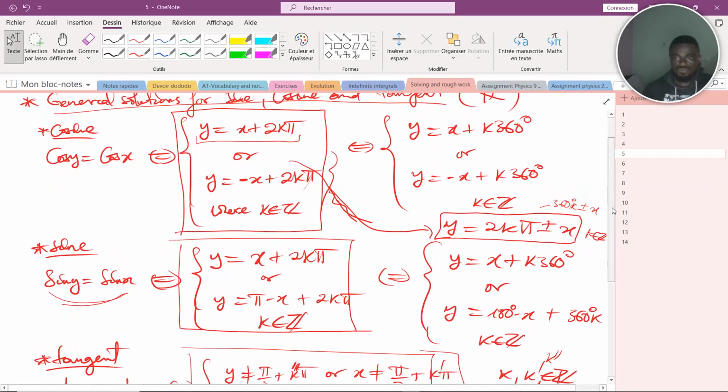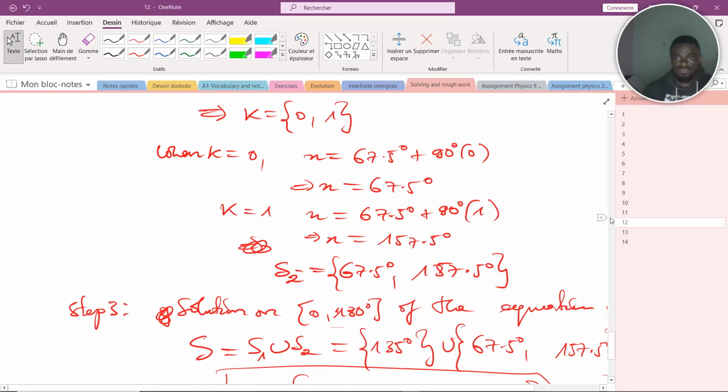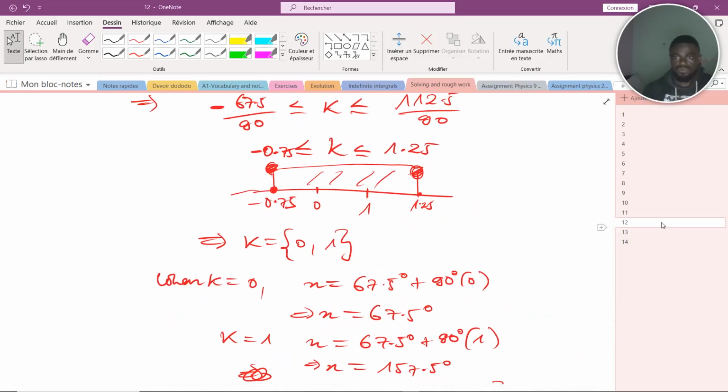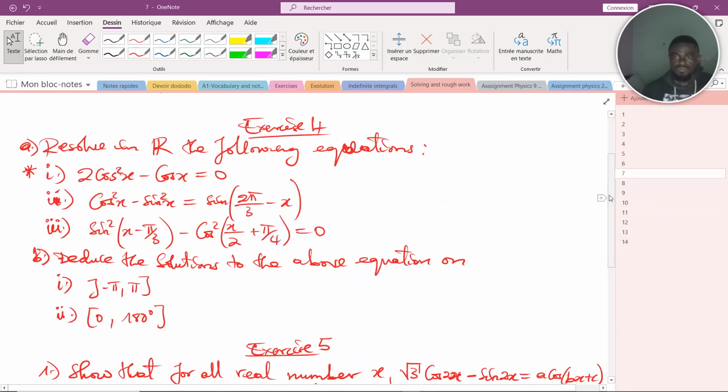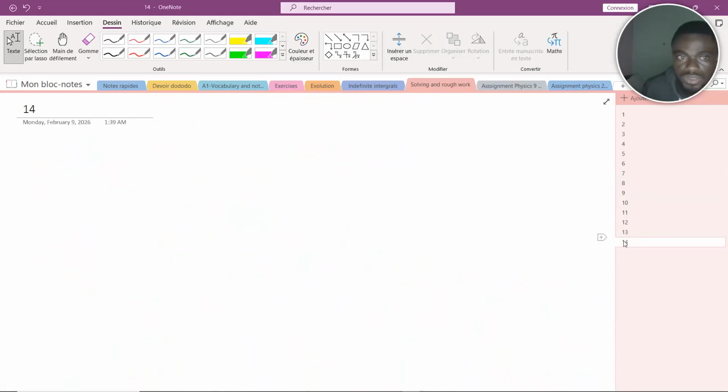So we're going to do the next exercise. Where is it? We're going to do this exercise 4a sub 1, 2 cos square x minus cos x equals to 0.